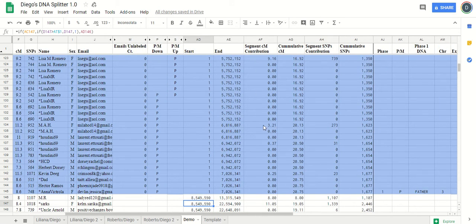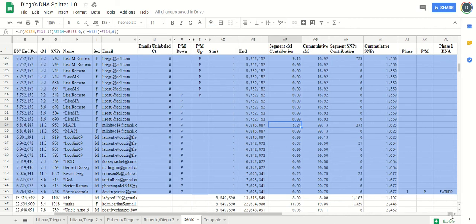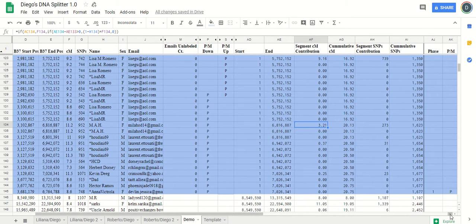The contribution, so like this one here, the contribution of centimorgans. What it's doing is this row here has 11.2 centimorgans, but see how the beginning of these two fragments is about the same, and the only contribution is really from 5.7 to 6.8, so about 1.1 million.